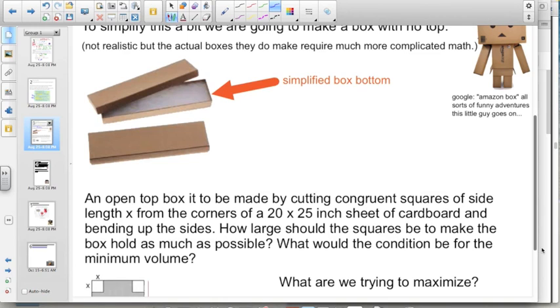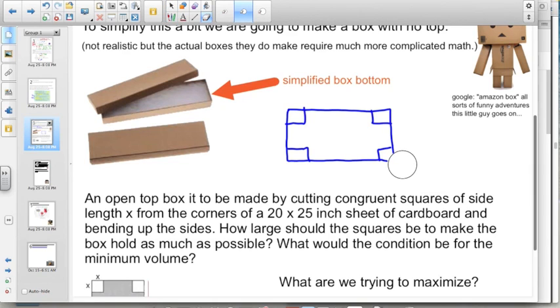Okay? So if we take a look at this box, really what we have is a flat piece of cardboard, and then we cut the corners out so that we can bend those corners up.